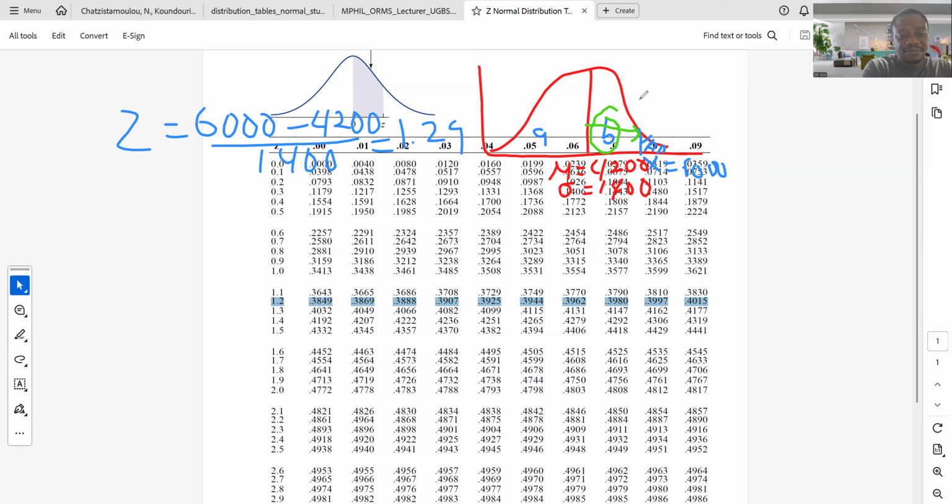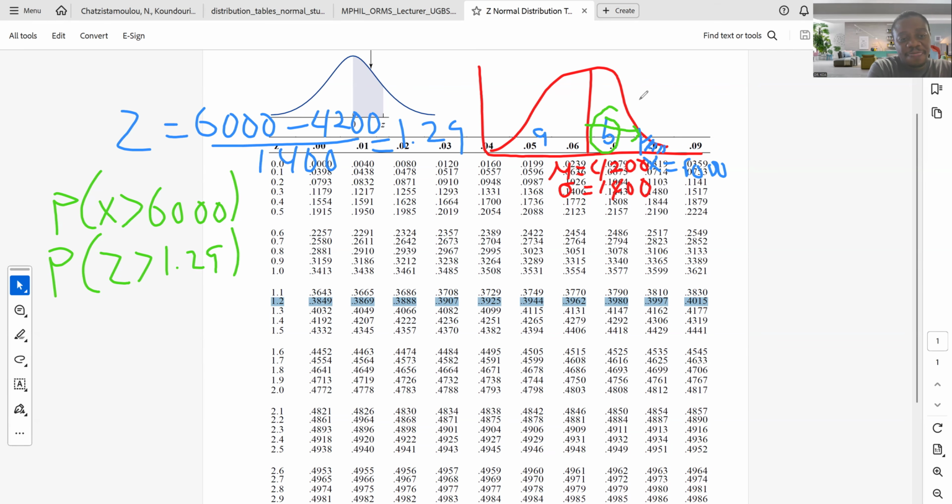So this is how you're going to write your final answer. You're going to say that the probability that X is greater than 6,000 is the same as the probability that Z is greater than 1.29. Don't forget. And this is equal to 0.5 subtracting 0.4015.